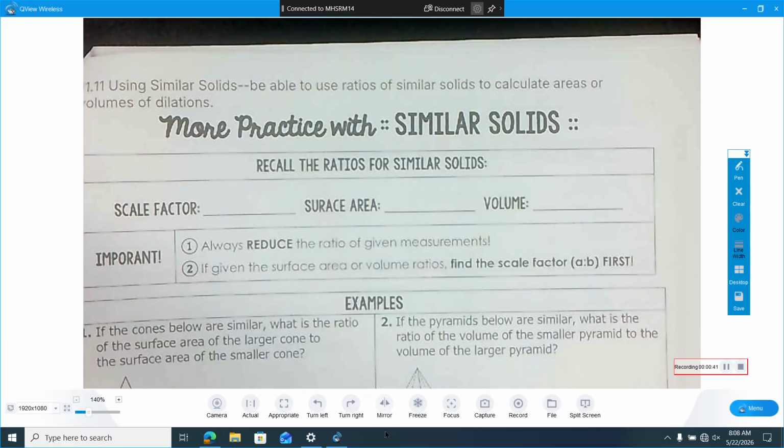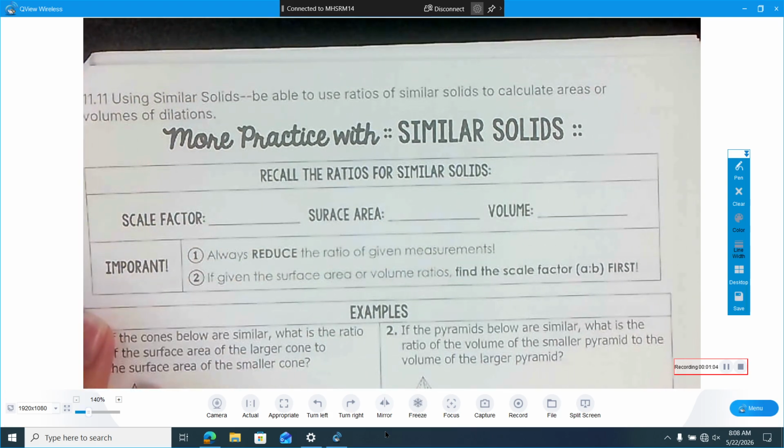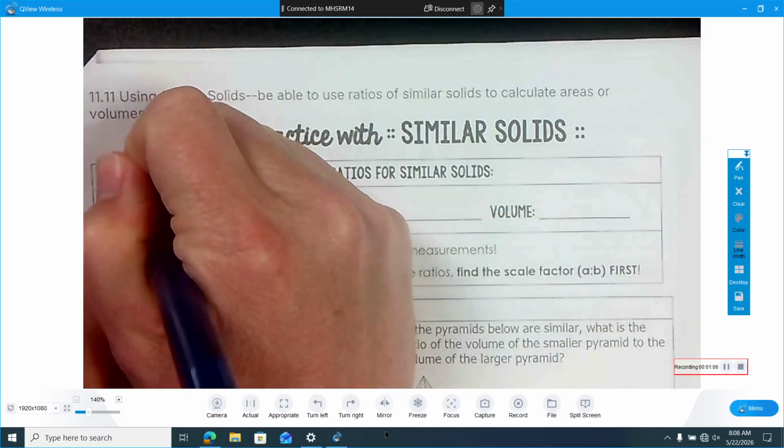The last section today. All right, and we talked about scale factor yesterday. And yesterday we said that if we have linear measurements, and what were linear measurements? What's a length, height? Yeah.